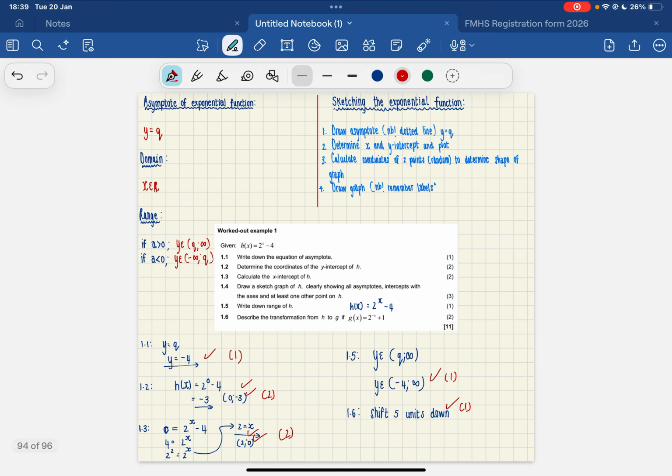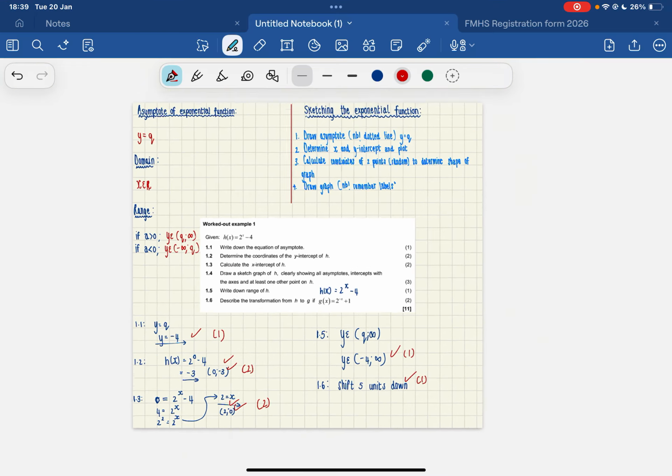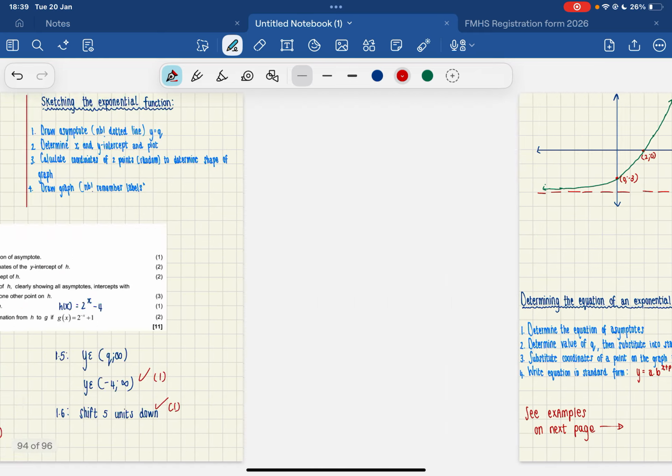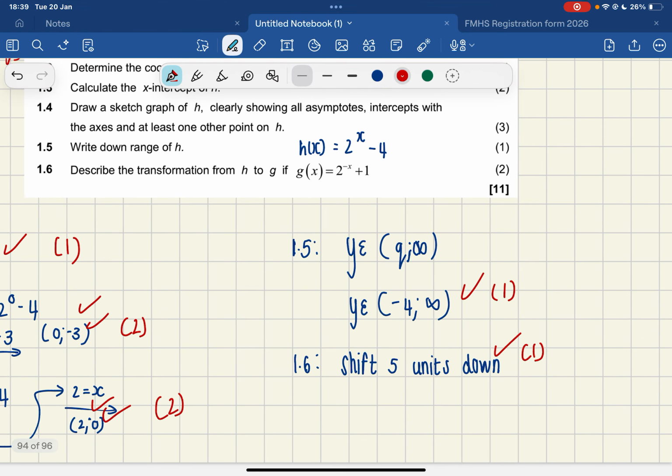That being said, I want us to look at question 1.6. Apologies. Yes, it says, describe the transformation. So what happens when x is negative? Remember, we usually write this again as +1.